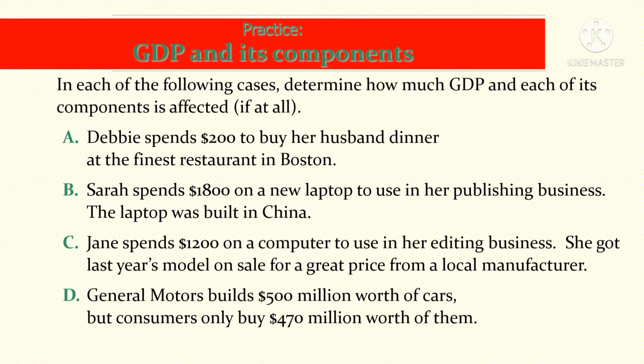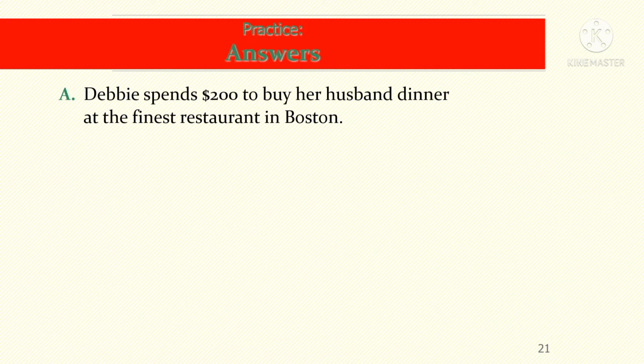So sa letter A, it's consumption. About letter B, letter C, and letter D. In situation A, it is clear that the transaction of Debbie will go to C, or consumption spending. So in here, there will be an increase, or consumption and GDP rise by $200.